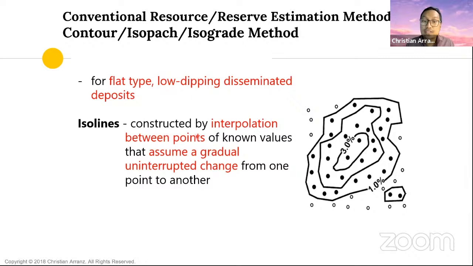Okay? So constructed by interpolation between points of known values that assume a gradual, uninterrupted change from one point to another. Ito lang din yung sinabi ko, no? So ini-interpolate nila yan, ina-assume, depende dun sa mga drill hole values na nakuha nila. Okay? And then when you say isopack, that is the thickness of the contours. Okay? So ganun lang siya.